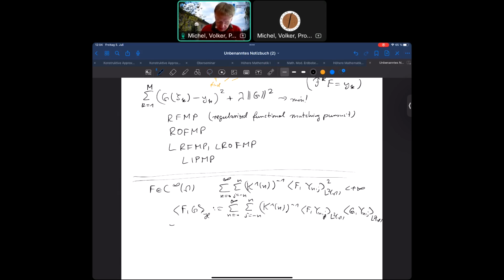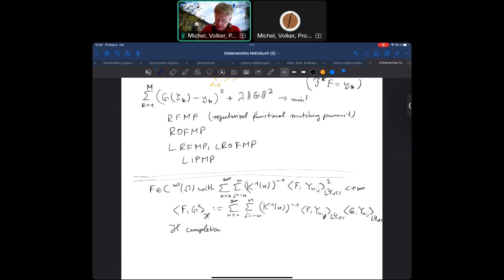So then you take all functions f with that condition into a space, you define that inner product, and H is then the completion of this space of functions, completion with respect to this inner product. And this gives you a Hilbert space.